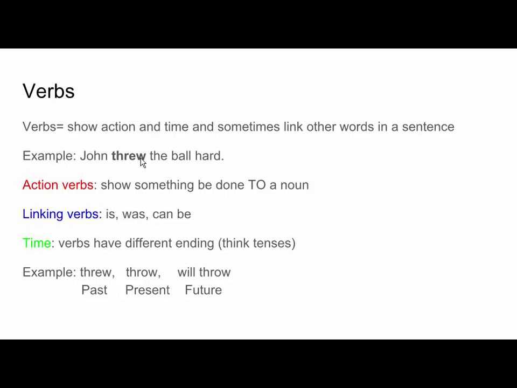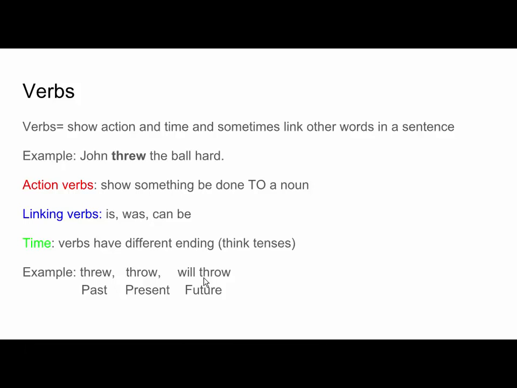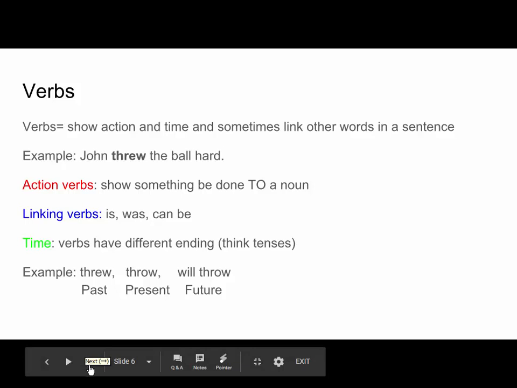If you threw the ball, that's another tense. And if you will throw the ball, that's an entirely different tense altogether. So you've got past, present, and future. That's pretty important. You also have is, was, and will be for linking verbs. They all show time. So it's important to keep in mind what verbs do because we will need to be able to identify them because it helps us write better sentences.